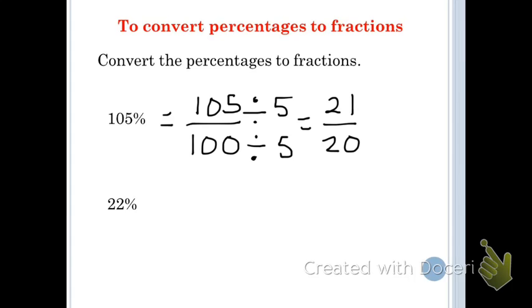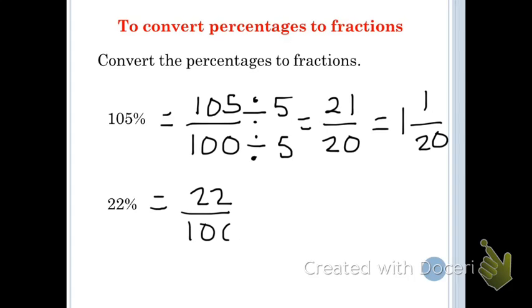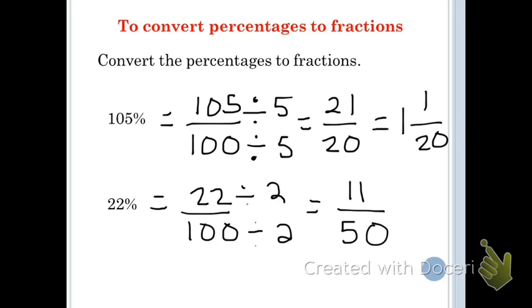Or if you wrote it as a mixed number, it would be 1 and 1/20. 22% equals 22 over 100. If I divide the numerator and denominator by 2, 22 divided by 2 is 11. 100 divided by 2 is 50.